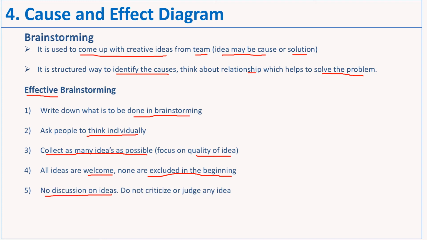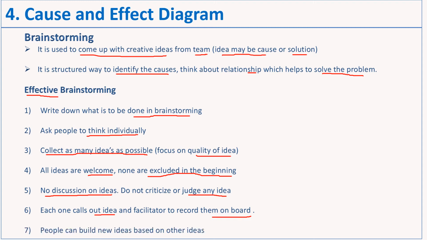Do not criticize or judge any idea. Each one calls out an idea and the facilitator records them on a board. The facilitator should record all the ideas given by the team. Then people can build new ideas based on other ideas.